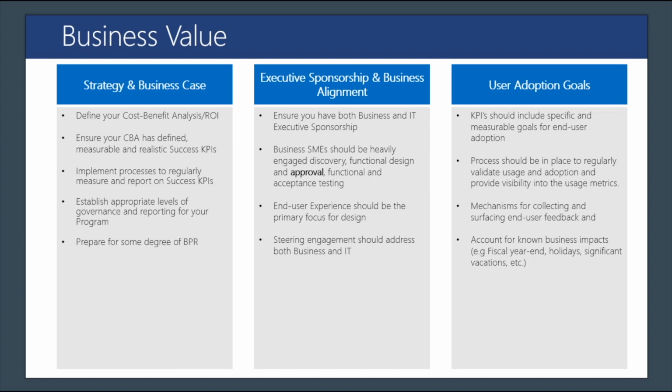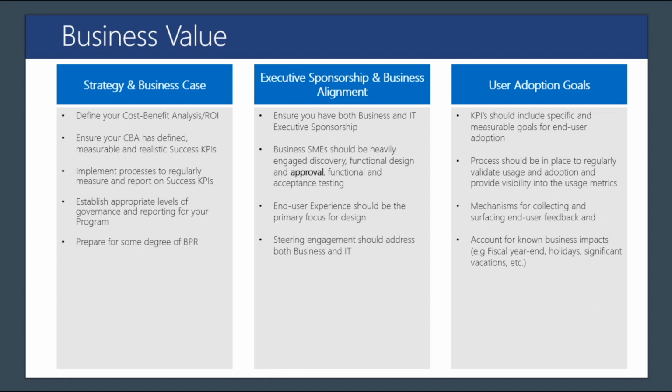Another thing that you want to make sure as part of your CBA is that you have measurable and realistic success KPIs. So how do you measure these things? How do you measure an increase in productivity? Sometimes efficiency KPIs versus incremental KPIs have different ways of measuring, and those are the types of things that you have to consider when you define these.